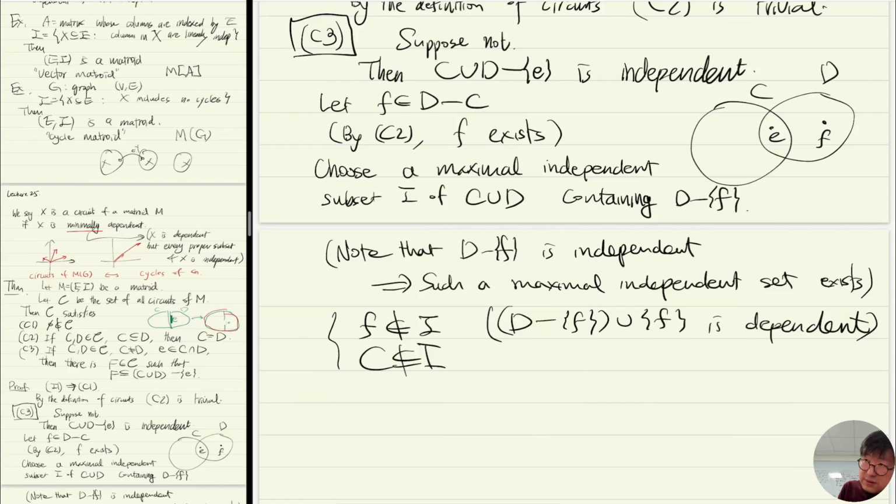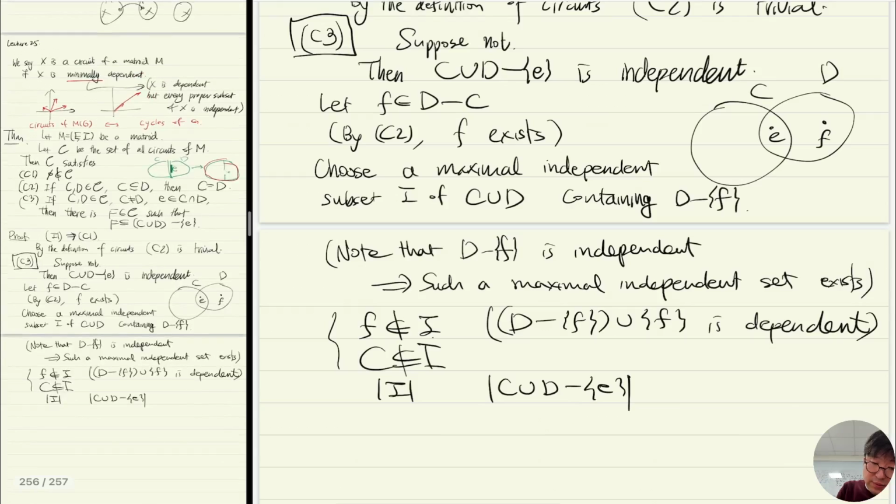So let's compare the size of I and C union D minus E. I doesn't contain F, and I doesn't contain C, so some element of C is not in I. Therefore, the size of I is strictly less than C union D minus E, right?